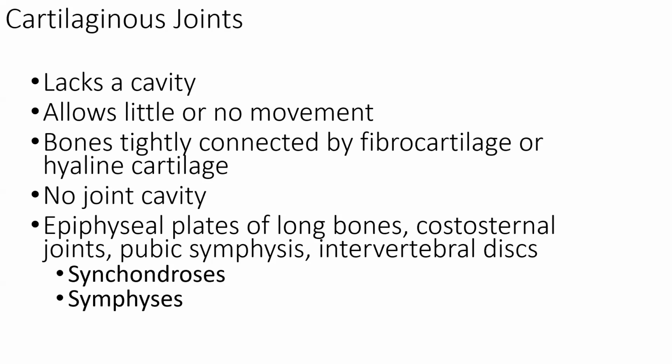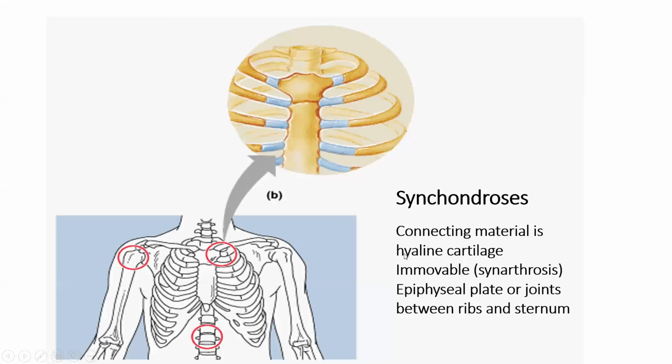The rest of the cartilaginous joints are either hyaline cartilage, like at the ribs, or fibrocartilage, like the pubic symphysis and the intervertebral disc. So we're looking at this now by structure. This is a cartilaginous joint. We call it a synchondrosis.